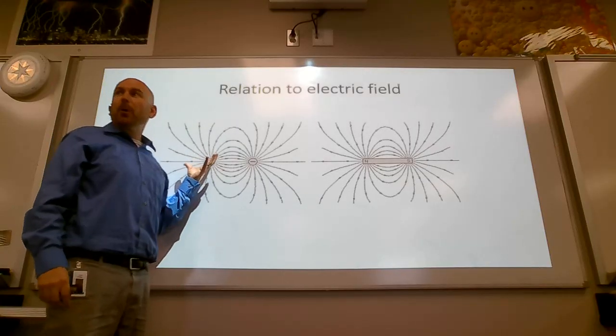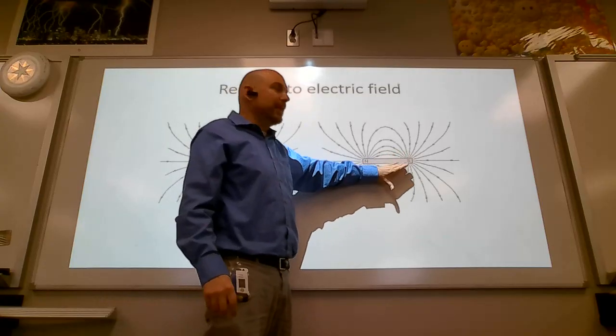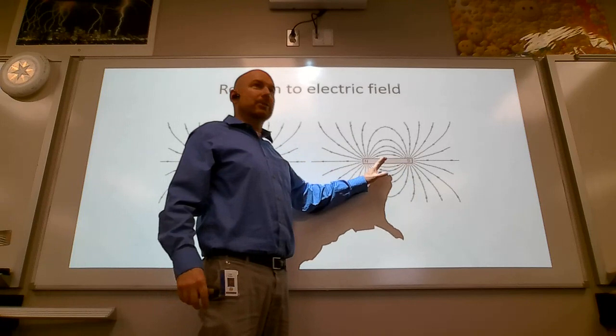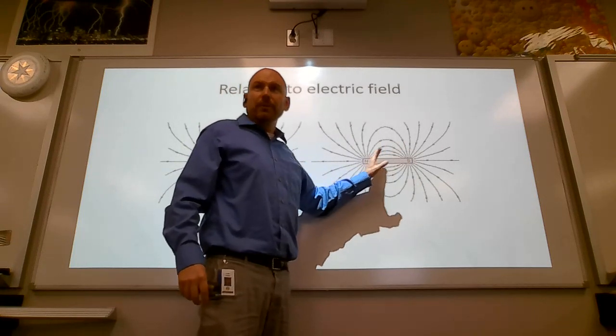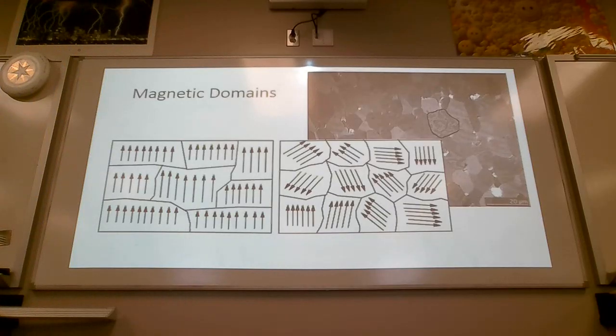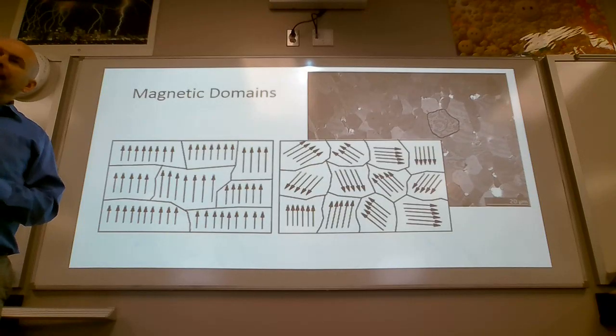You can have a monopole for an electric charge. We have yet to discover any monopoles in magnetism. There's always a dipole. You have to have a north and a south. To make a magnet, iron, nickel, and cobalt are your three magnetic elements.